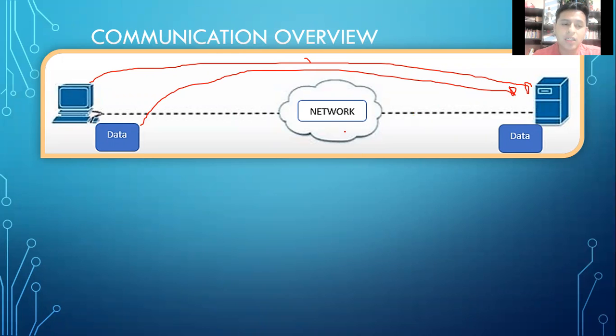Maybe the network is bad because it has problems with congestion, or perhaps a physical connection problem. So how can we have the security that the information was received?